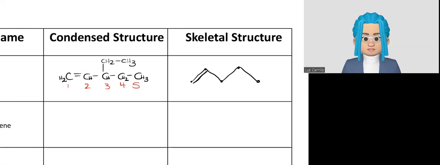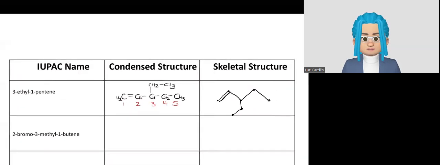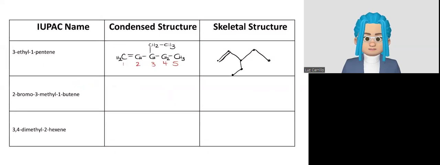And then on carbon 3, I have an ethyl group. So that will be the skeletal structure for this alkene. Make sure that you practice with the rest of the alkenes that we have present in the following slide.